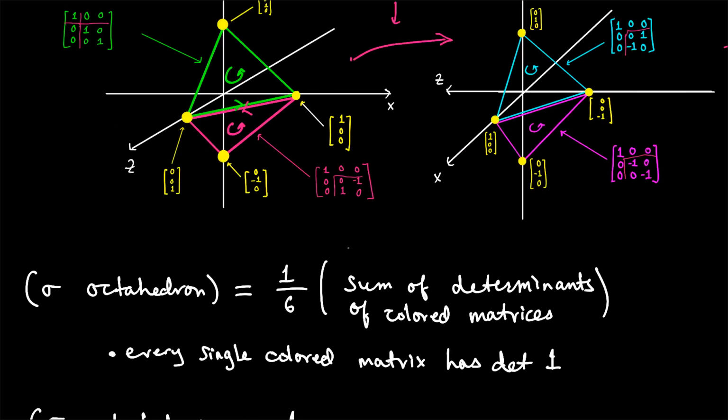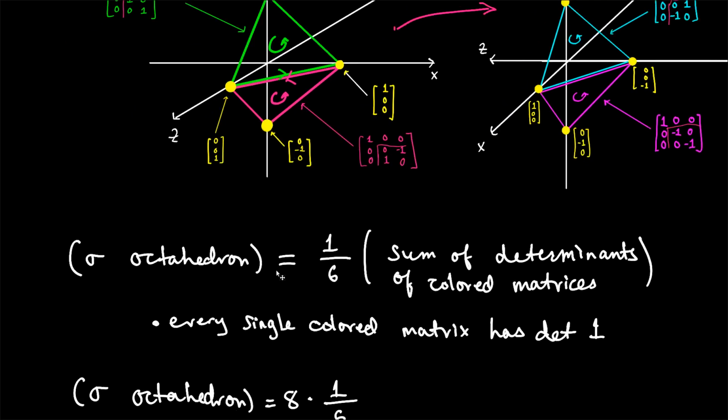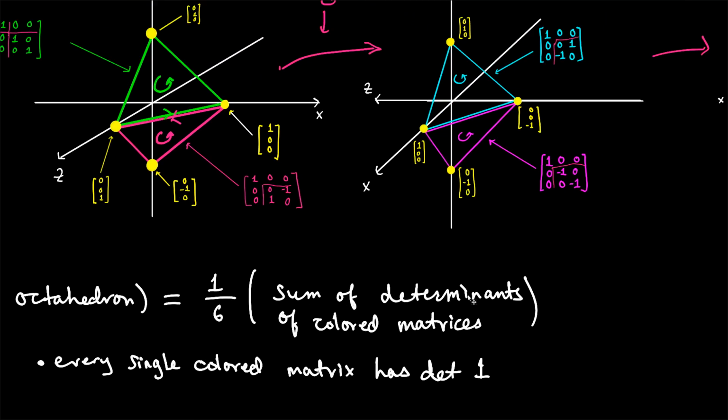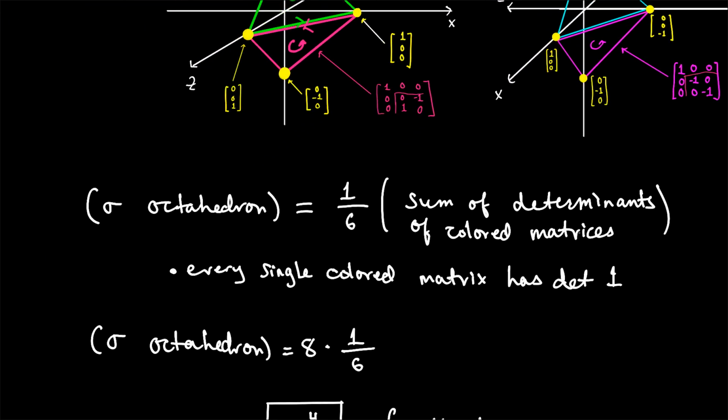I cooked that up. So anyway, the signed volume, or the signed measure, of the octahedron is 1/6 times the sum of the determinants of the colored matrices, and every single colored matrix has determinant 1. I just went over that.